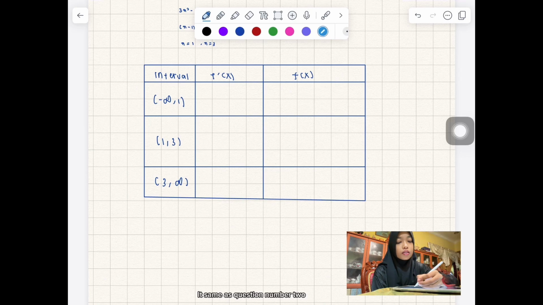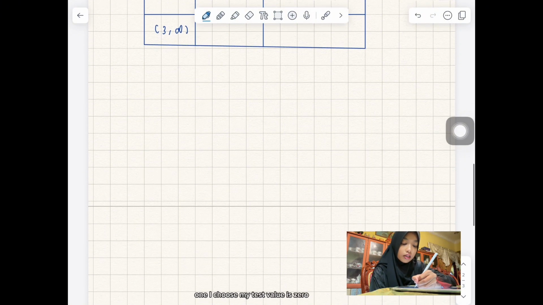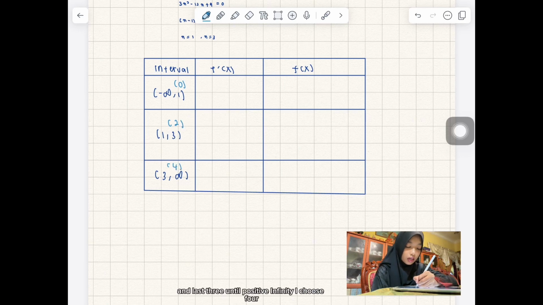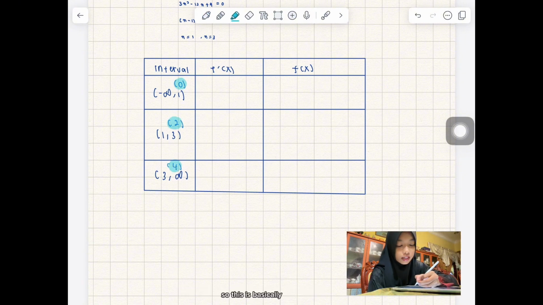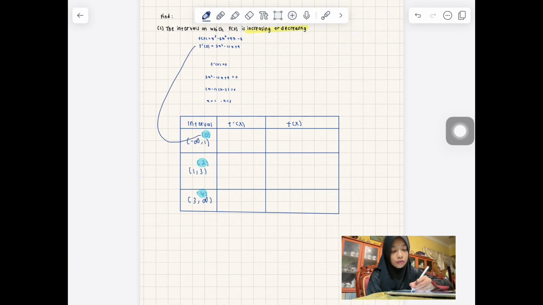It's the same as question number 2, we have to choose our test values. For negative infinity to 1, I choose 0. For 1 to 3, I choose 2. And for 3 until positive infinity, I choose 4. After that, we substitute our test values into the derivative of f(x).